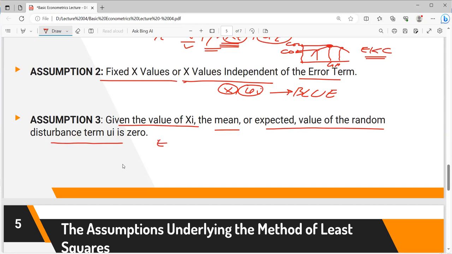It means if the error term is 0, then our actual y must be equal to the estimated y.